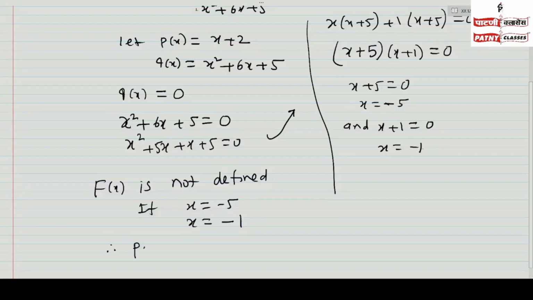Therefore, the points of discontinuity are x equals minus 5 and x equals minus 1.